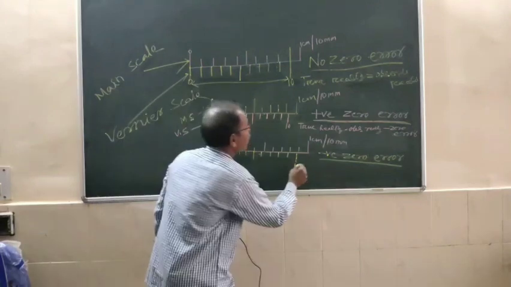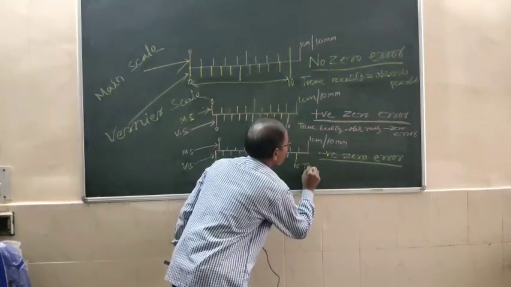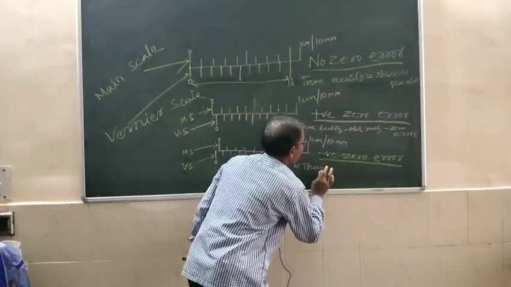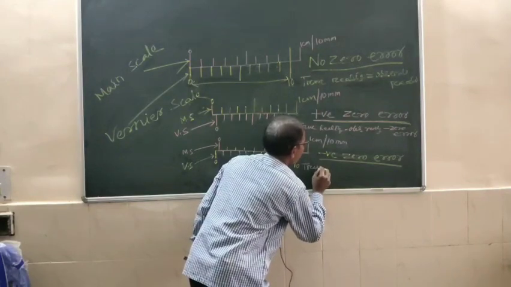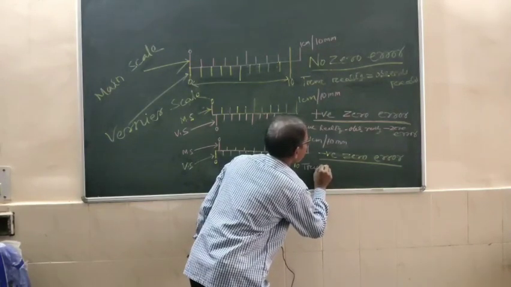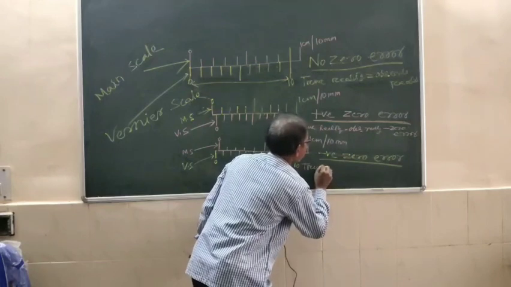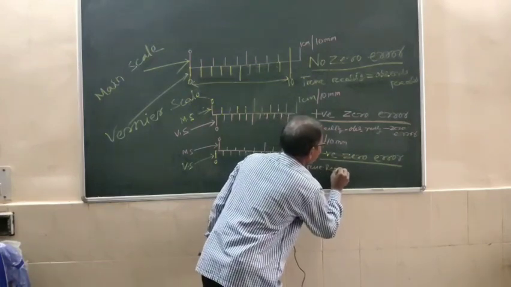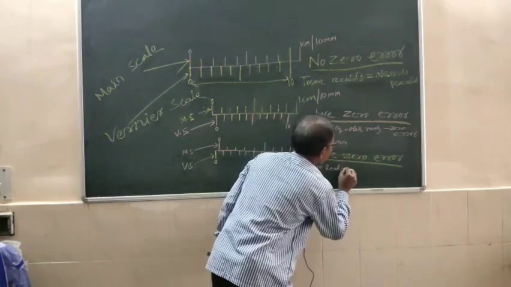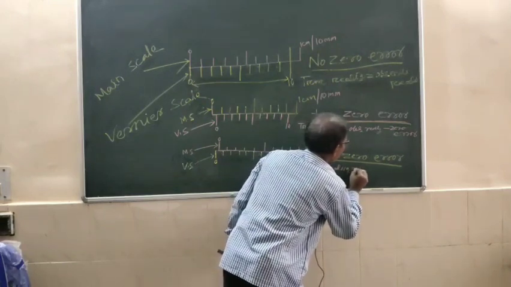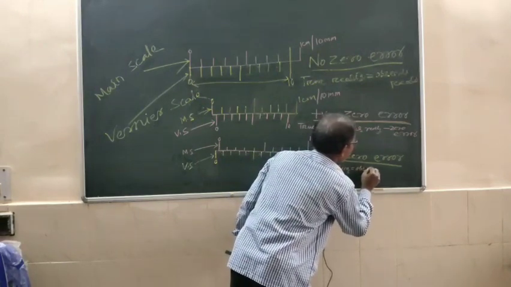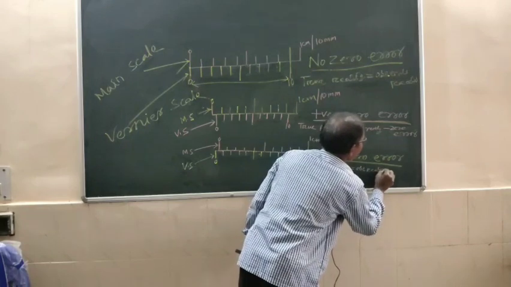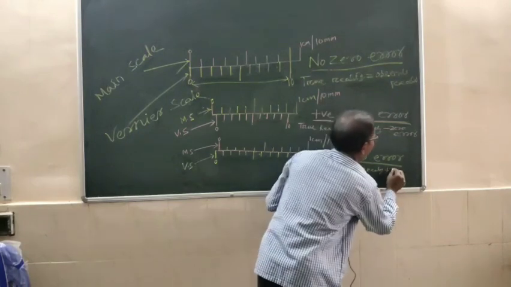In this case, true reading is equal to observed reading plus zero error.